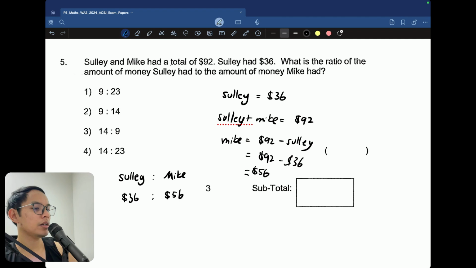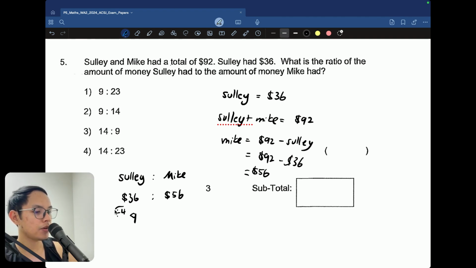So what is their common multiple? So 36, you can just see over here 9. So that means there's a hint over here: 36, if you were to divide into something, it becomes 9 as a ratio.